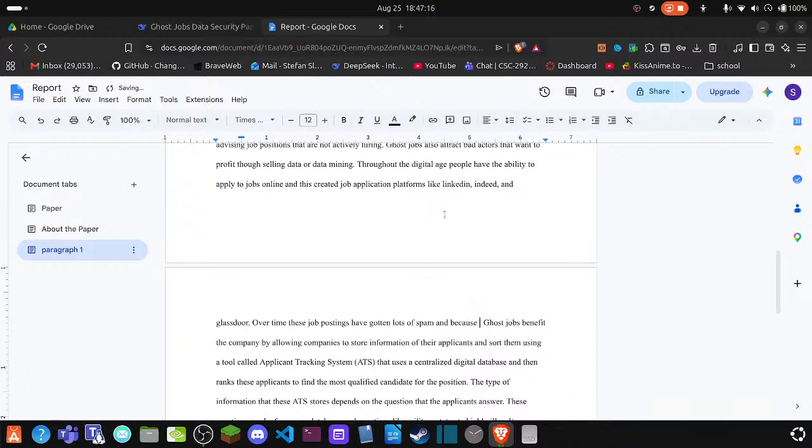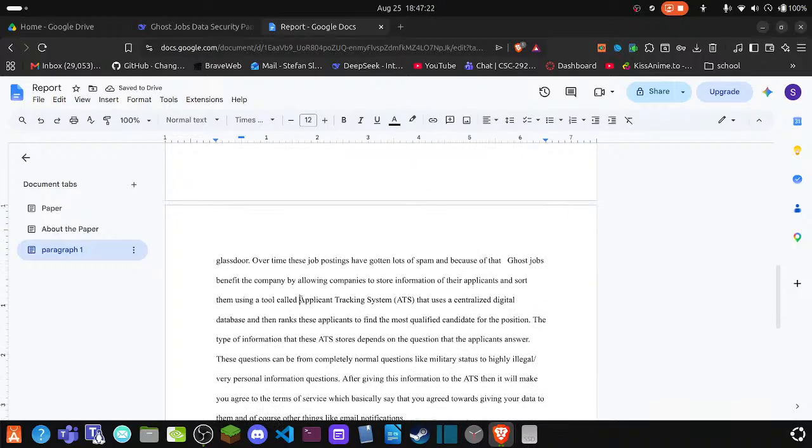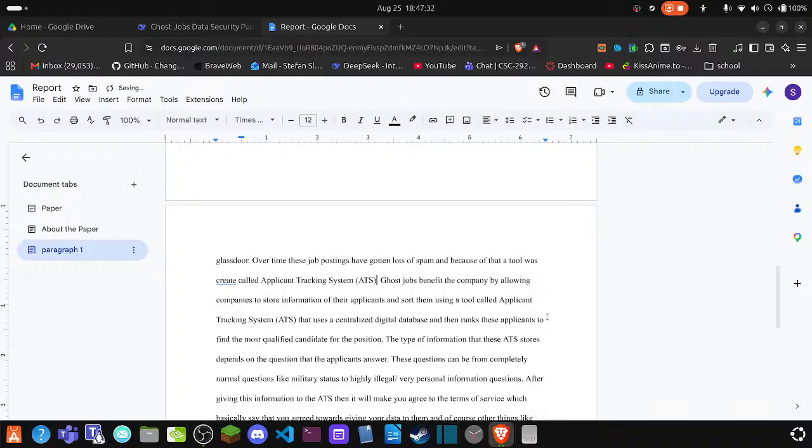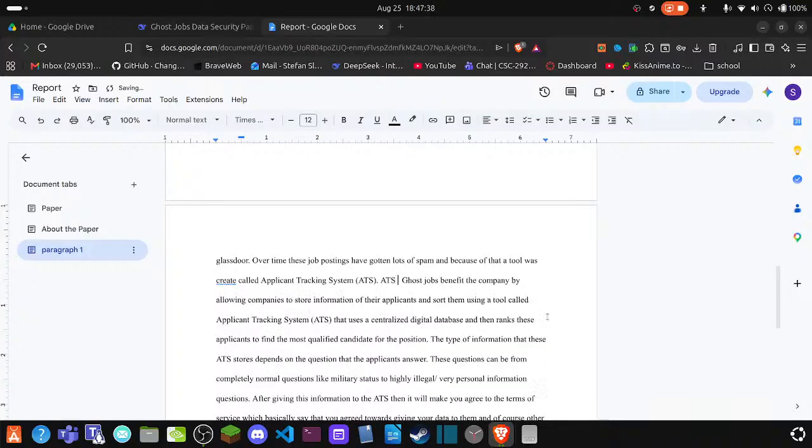And because of that, a tool was created called ATS. ATS uses a digital database.